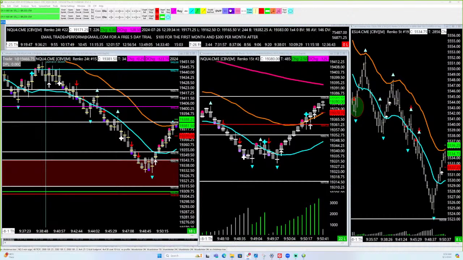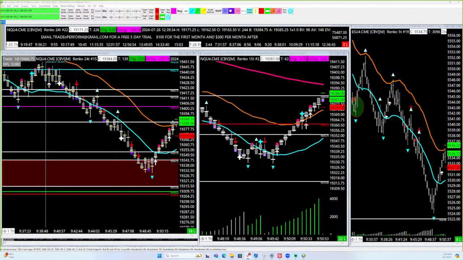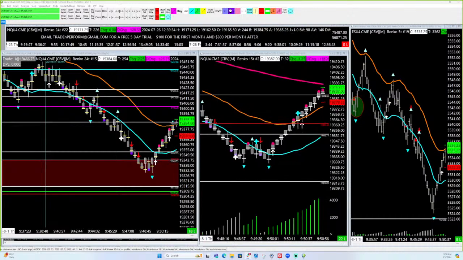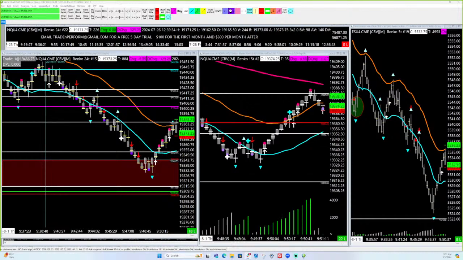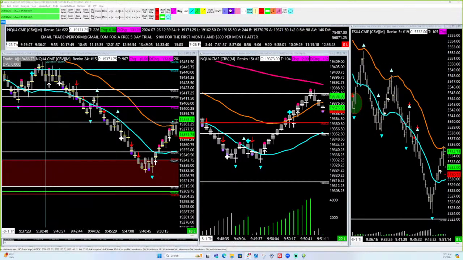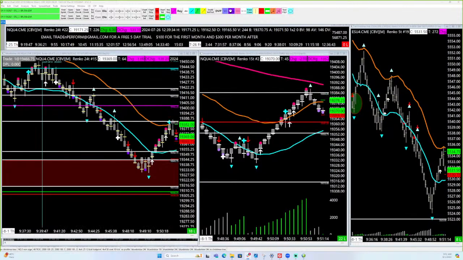Here's the other thing I'm discovering, and I thought Sierra Chart was good with the dome. The dome is not as fast as I thought it was, because when I'm looking at how it's moving versus how the top step is moving, so I'm going to have to figure out how to do that versus Tradovate and EdgeClear.